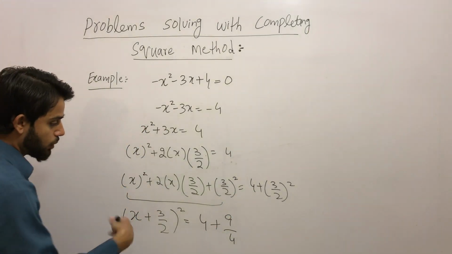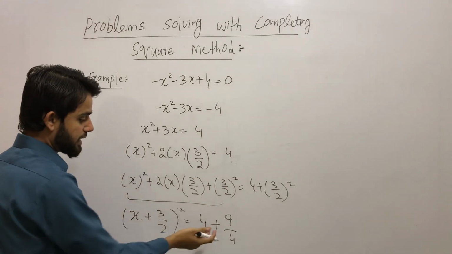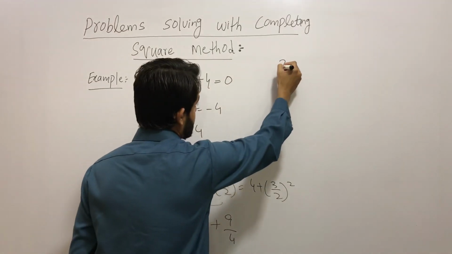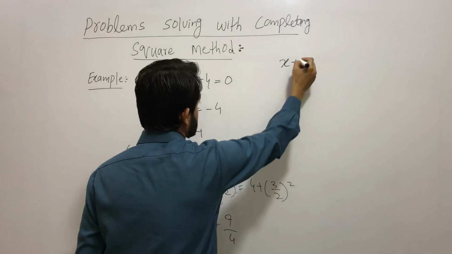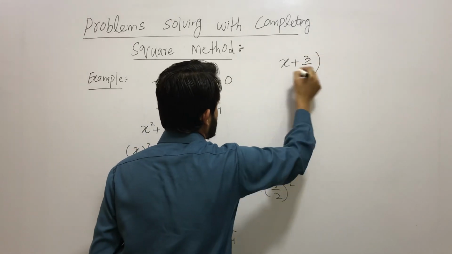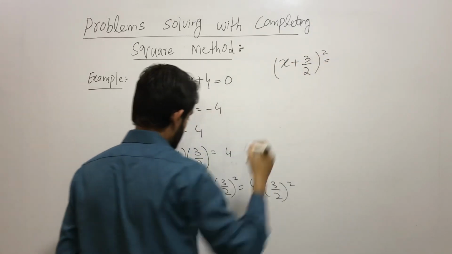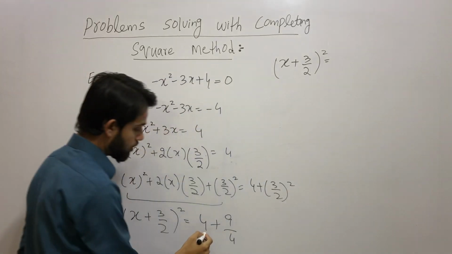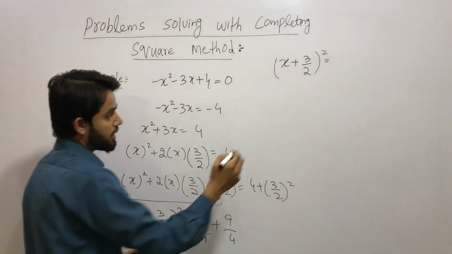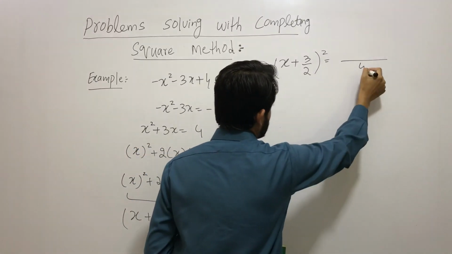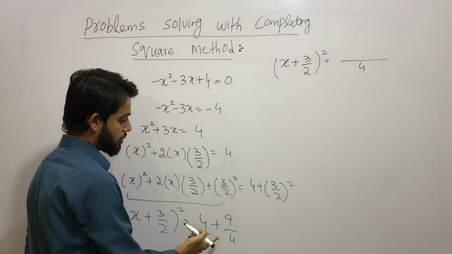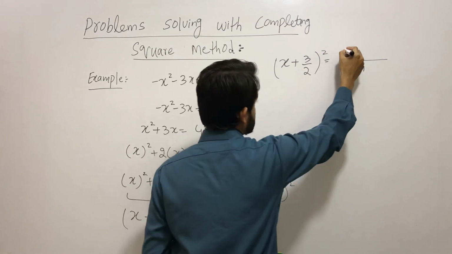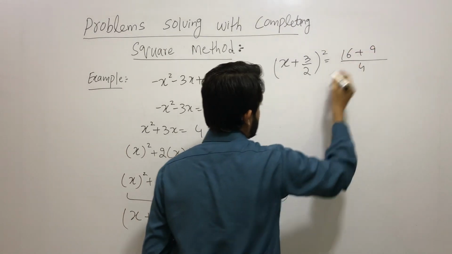Okay, so now on the right hand side we will take the LCM. So it is x plus 3 over 2 whole square is equals to 4 plus 9 over 4. Once you take the LCM, which will be 4, 1 times 4 and 4 times 4 is basically 16 plus 9.